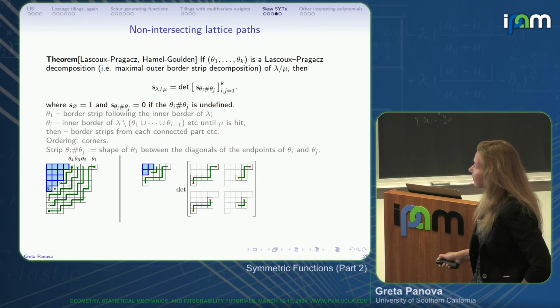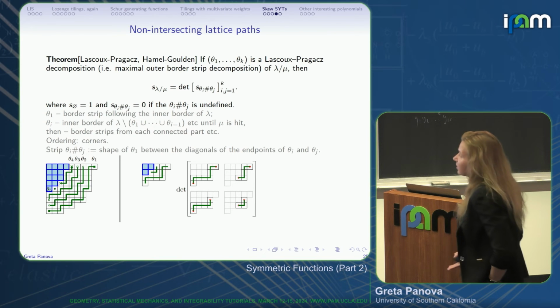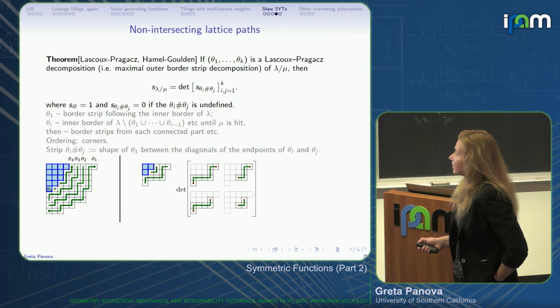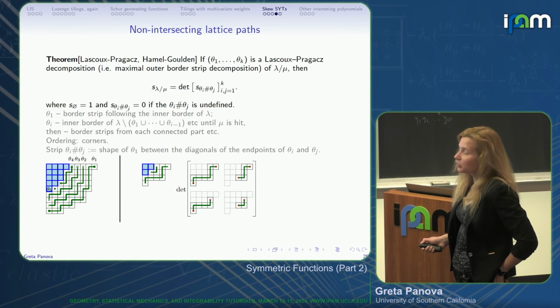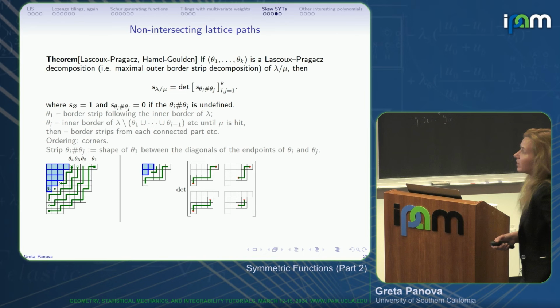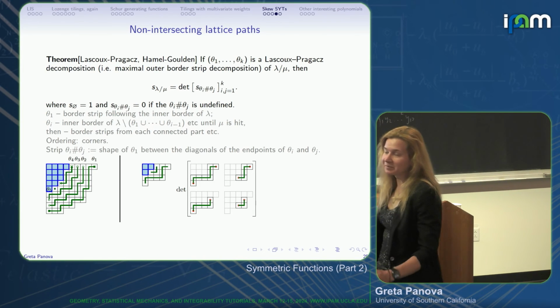In the other case, we get the beginning of this and the endpoint of the little thing. And then the last entry is just the little thing here. It's a determinant of these ribbon Schur functions. This also includes the Giambelli formula. If you cut your shape into hooks, you're going to get exactly the Giambelli formula. If you cut it into rows, you're going to get Jacobi-Trudi.